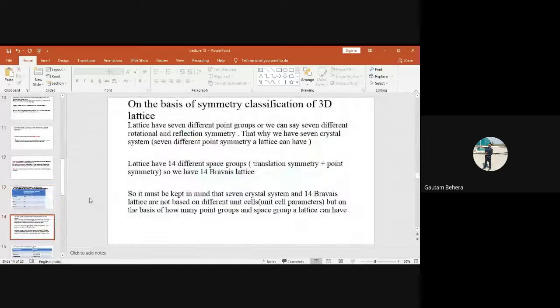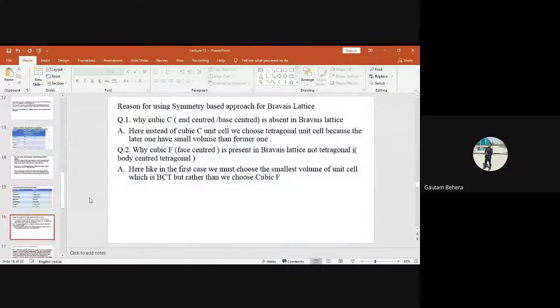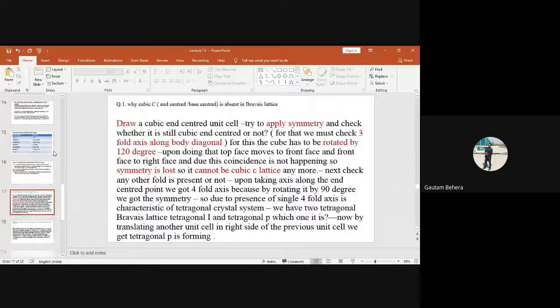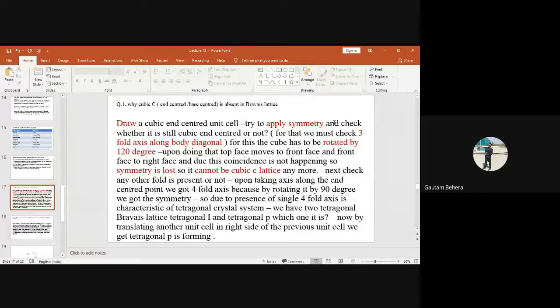Now you have drawn an end centered or base centered cubic unit cell, and you apply symmetry, and you know that we have a three-fold axis along the body diagonal. So now you try to rotate along the body diagonal. It should be 120 degrees so that it will come into self coincidence.